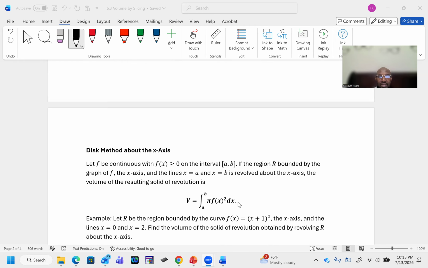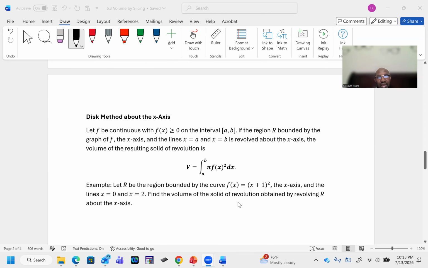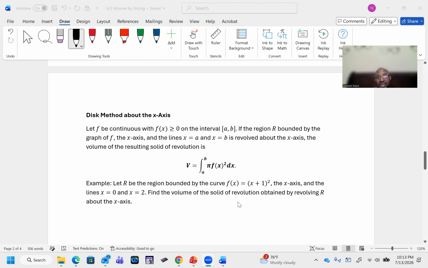Okay, so let's do this example quick. Let R be the region bounded by the curve f of x is equal to (x plus 1) squared, the x-axis, and the lines x is equal to 0 and x is equal to 2. Find the volume of the solid of revolution obtained by revolving R about the x-axis.